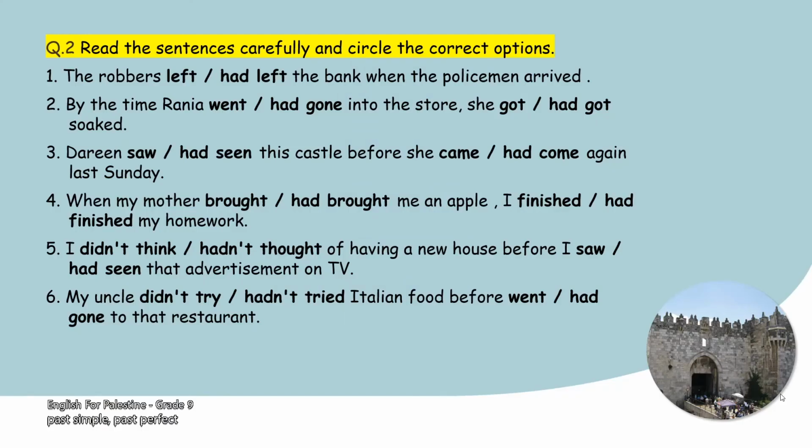Number 3, Dareen saw or had seen this castle before she came or had come again last Sunday. Number 4, when my mother brought or had brought me an apple, I finished or had finished my homework.